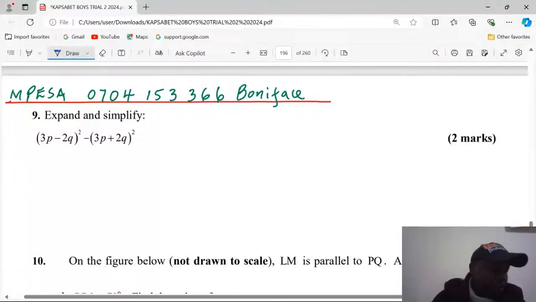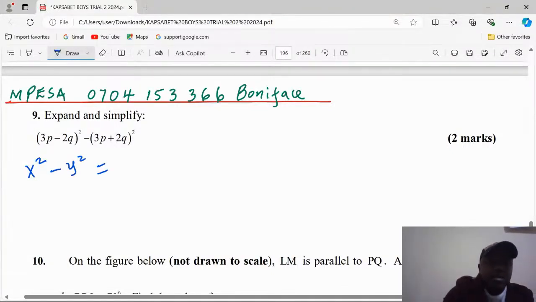There is what we call a difference of 2 squares. When you are in Form 2, the topic of quadratic expressions, you learned something called a difference of 2 squares, and you said that when you have x squared minus y squared, this can be factorized.